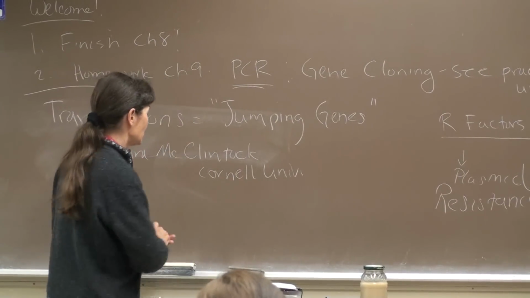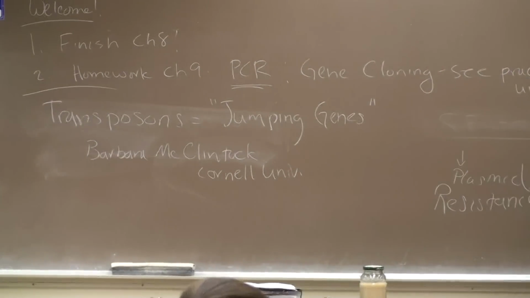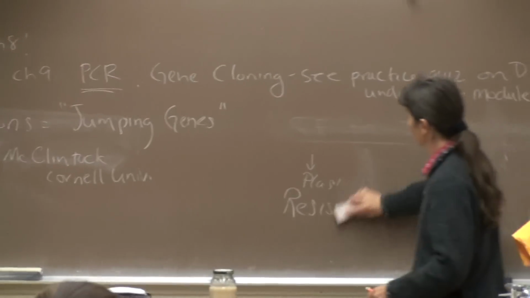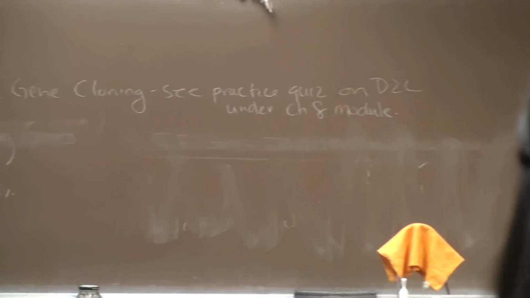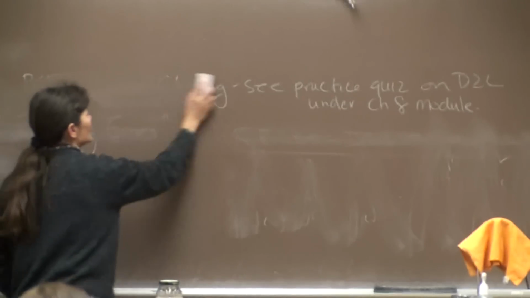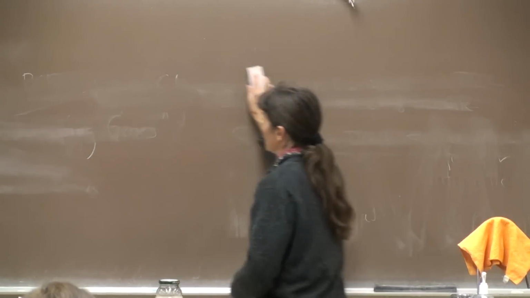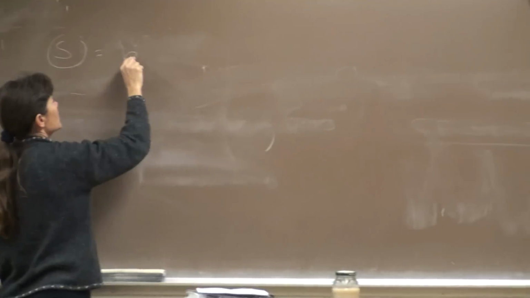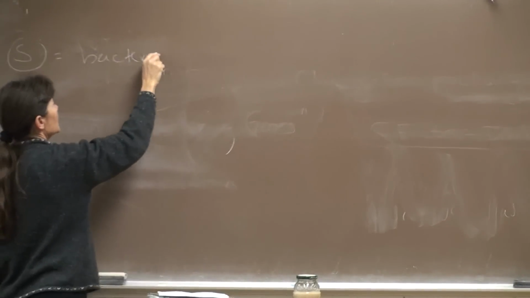So usually the simplest way to show this is to look at a population of microbes. And what we'll do is we'll use S to represent bacteria that are sensitive to some antibiotic.